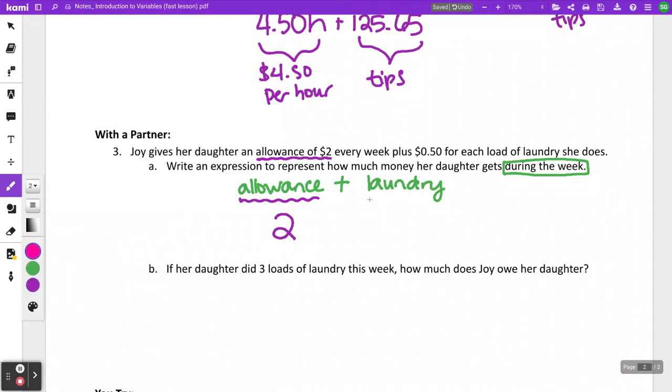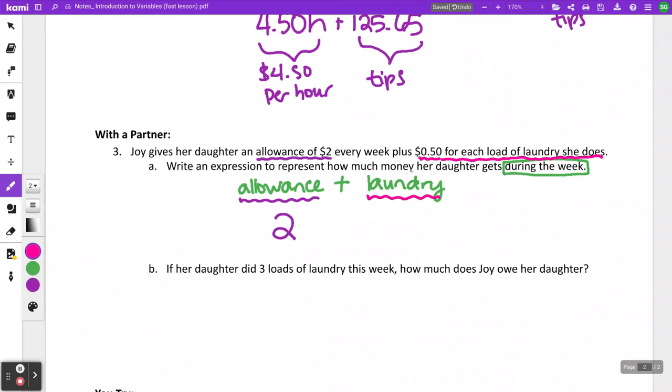There's something else she does to make money. We said that was laundry. How much money does she get doing laundry during the week? She gets 50 cents. But it doesn't just say she gets 50 cents for laundry. She gets 50 cents for each load of laundry she does. So there's a little more happening here.